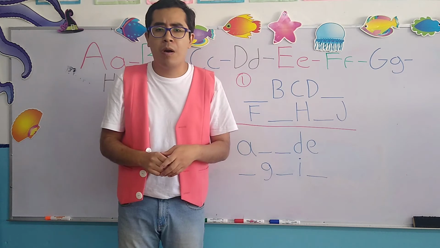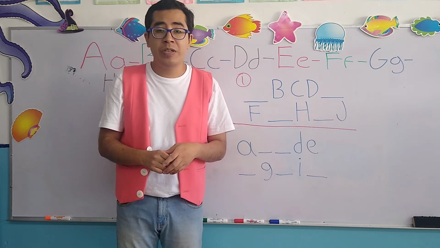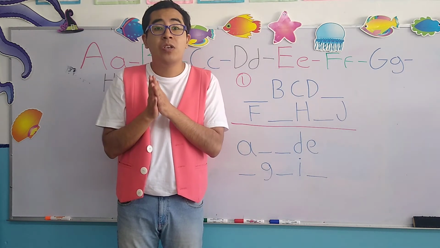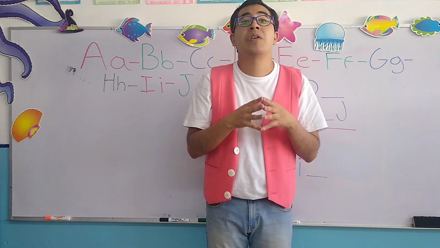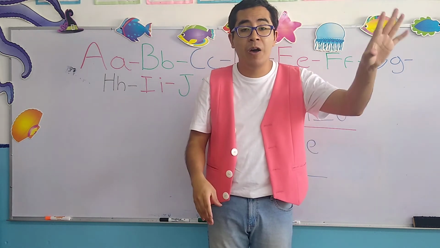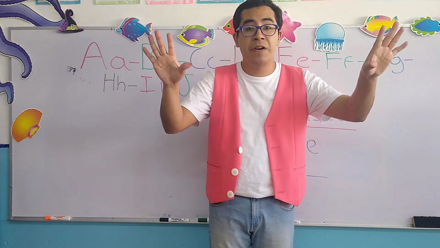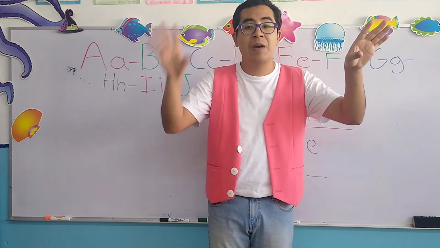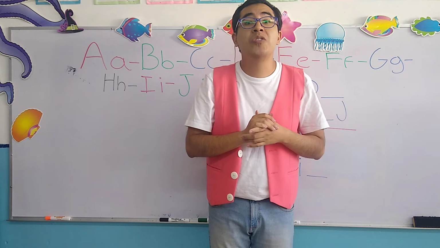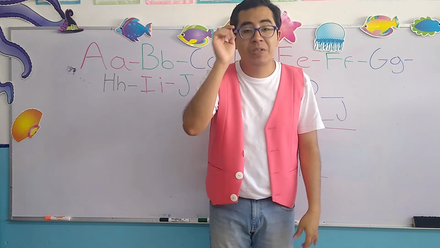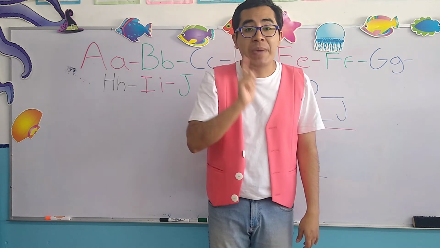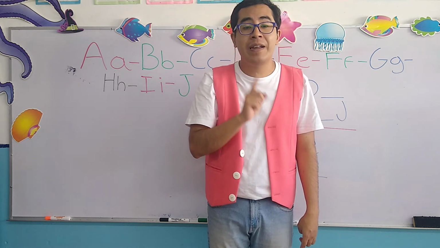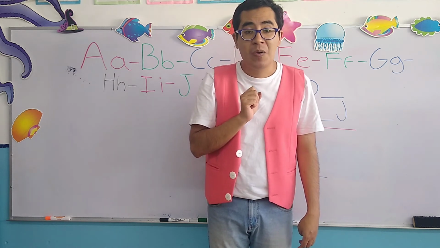These are incomplete. So what we have to do on this occasion, with the help of mother and father, con la ayuda de papá o mamá, we are going to write, vamos a hacer el esfuerzo de escribir the missing letter, la letra que nos haga falta, okay?